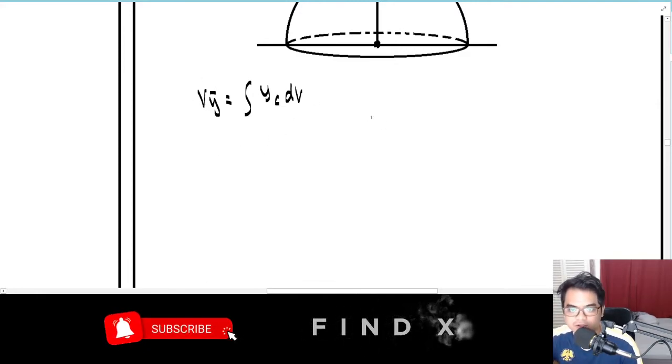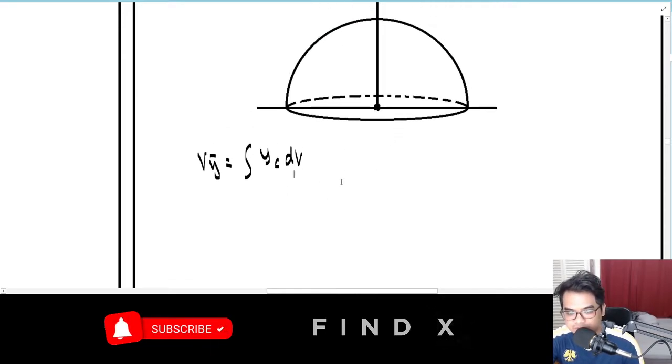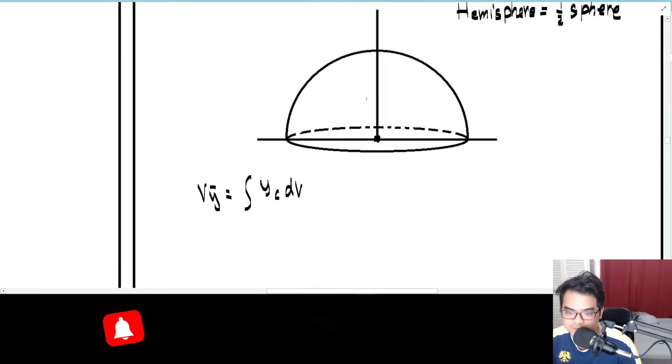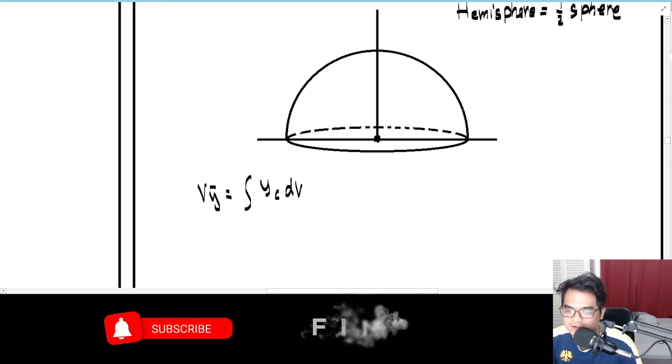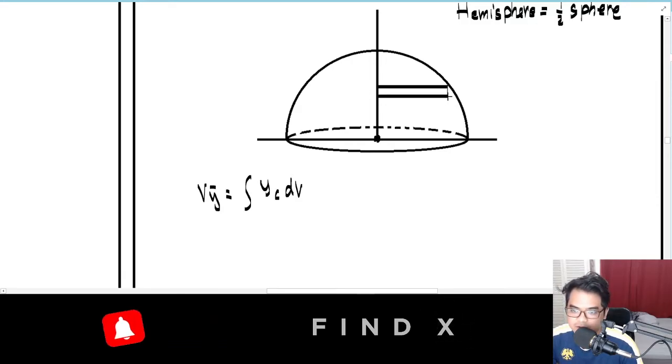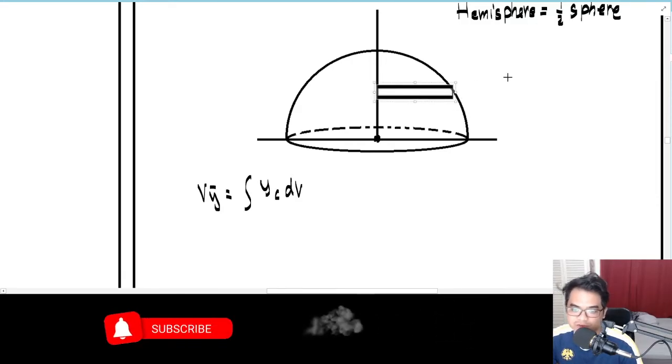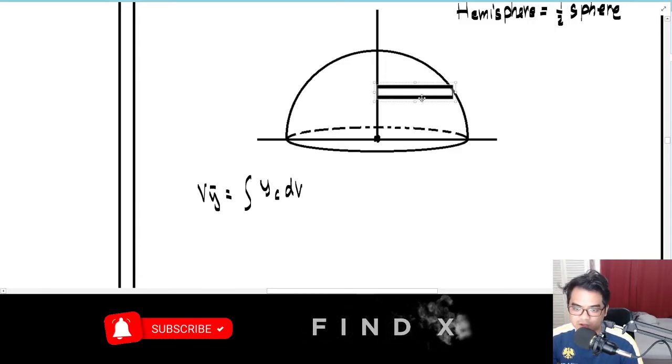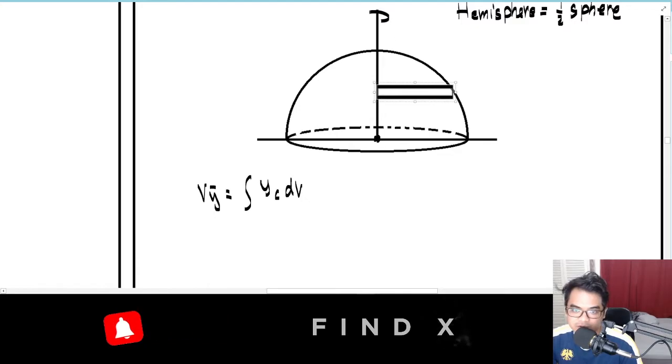Since this is dv, we have to use this method, or any volume of revolution. Since we have to use a volume of revolution, we have to get this horizontal strip. Why horizontal strip? Because I'll be revolving that with respect to here.